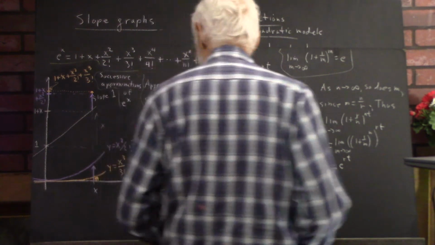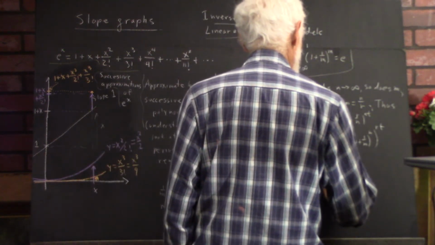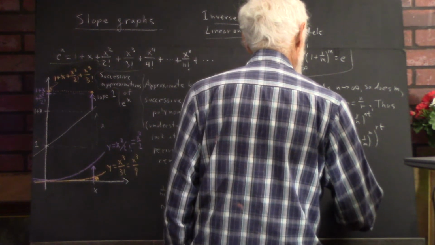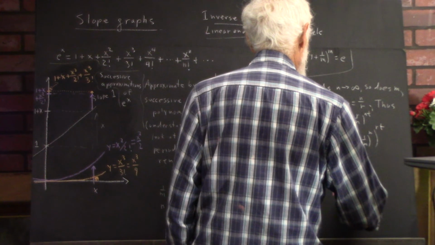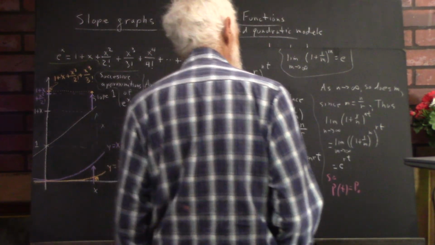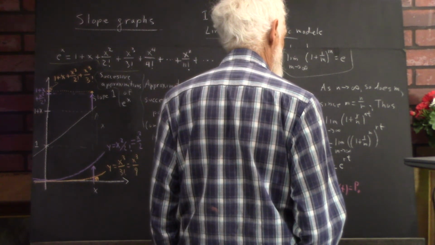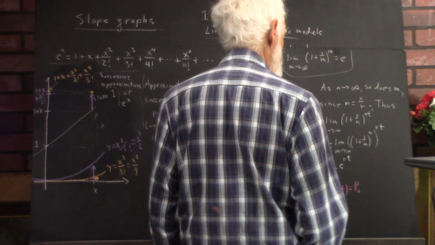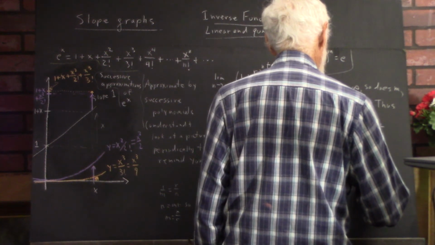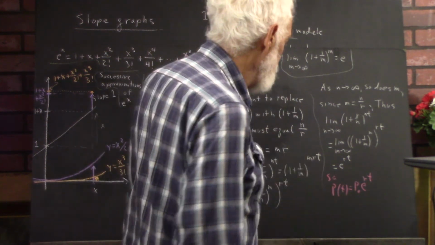So our final conclusion is that P of t equals P naught, well, my statement's a little clumsy now, but I'll go with it. P of t equals P naught e to the Rt.